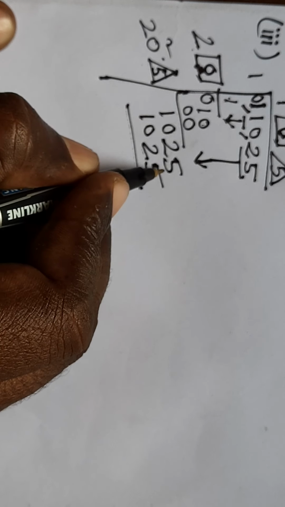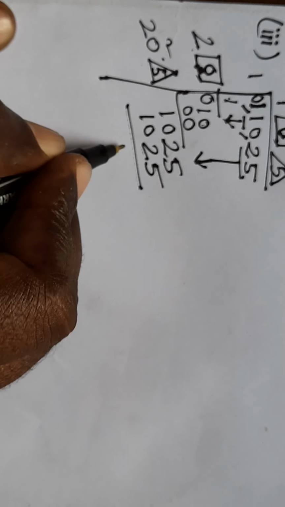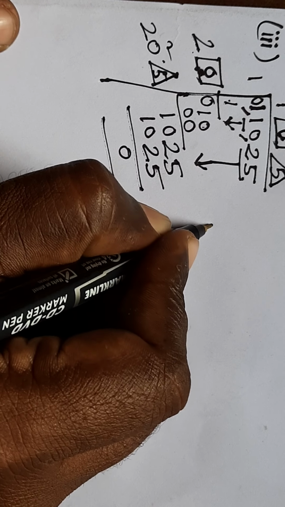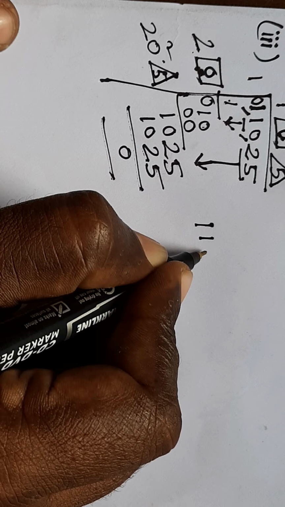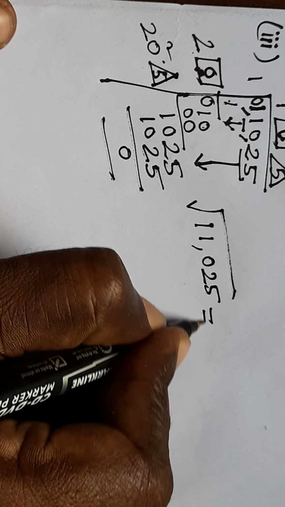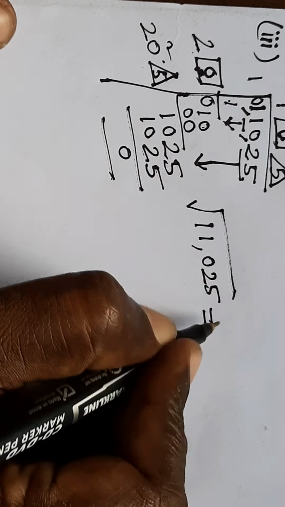So 1025 minus 1025 is 0. So the square root of the given number 11,025 is equal to 105.